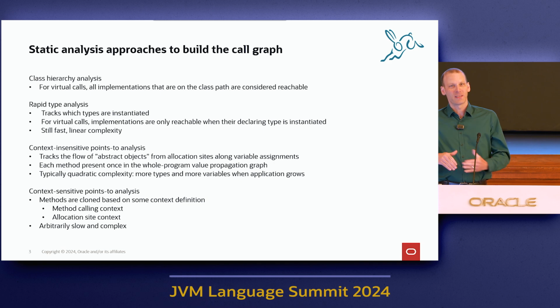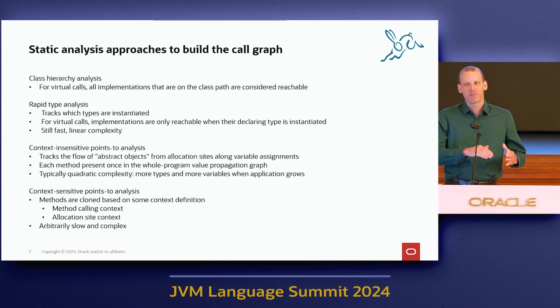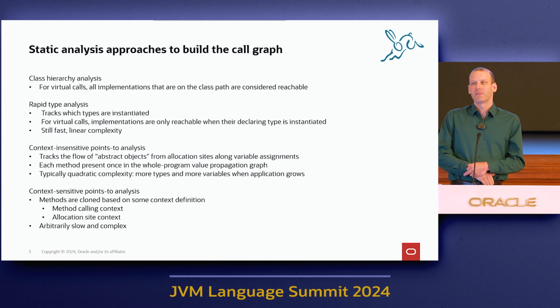And then you propagate this type around your whole program. You have one global interprocedural type value flow graph where values flow around. And then from every allocation site, you propagate this type to all possible usages.